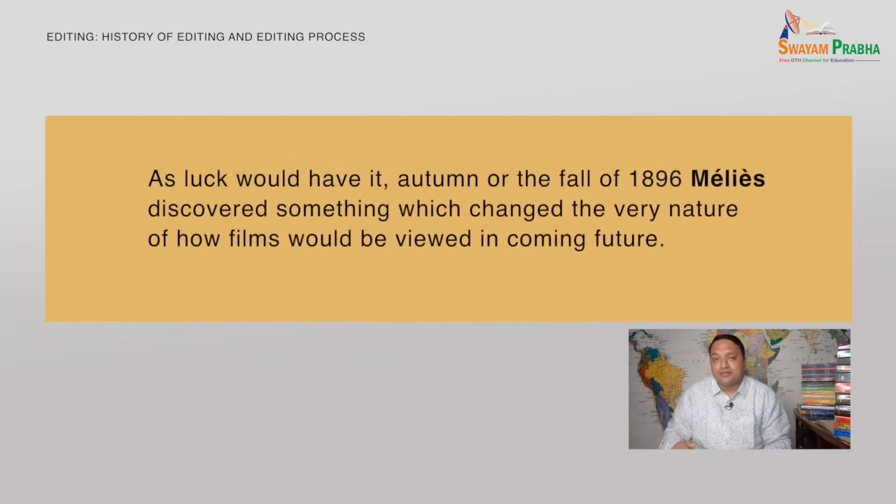As luck would have it, in autumn or the fall of 1896, Méliès discovered something which changed the very nature of how films would be viewed in the future, the way you and I see a film today. While he was shooting a bus coming out of a tunnel in Paris, his camera jammed in the middle of the take.